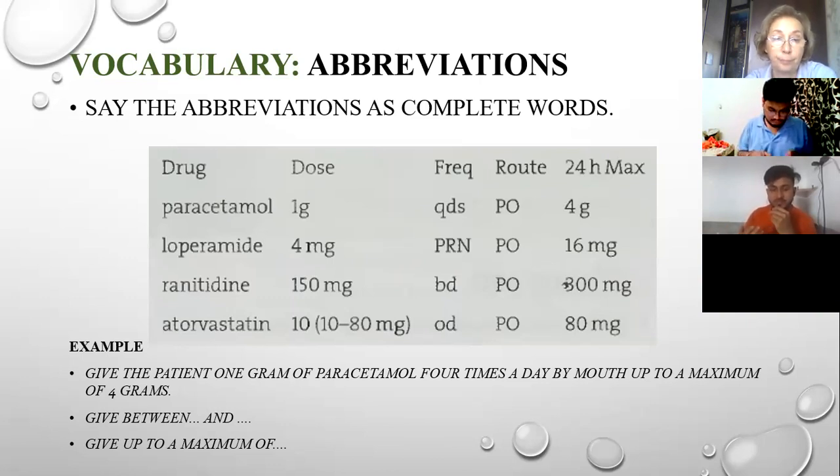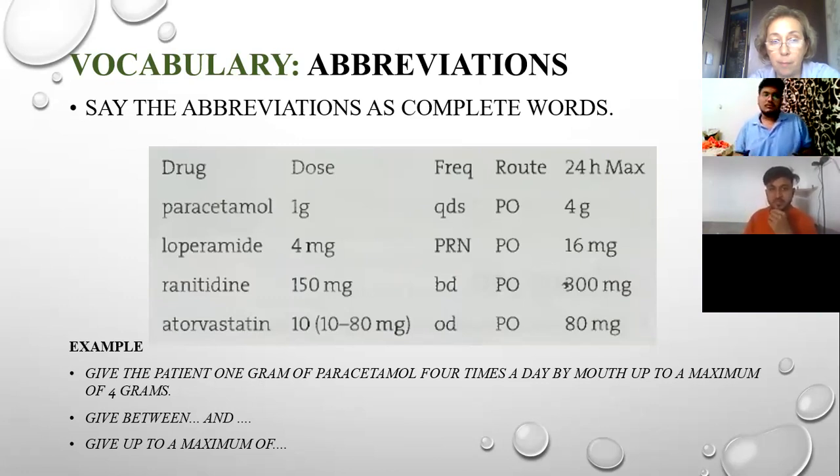So the whole sentence is 1 gram of paracetamol 4 times a day, and PO stands for orally, taking by mouth, up to a maximum of 4 grams. Yes, the sentence is given just below the chart. Now the second sentence is 4 milligram of loperamide as required, orally, up to 16 milligram.